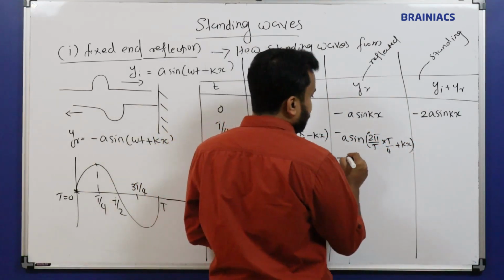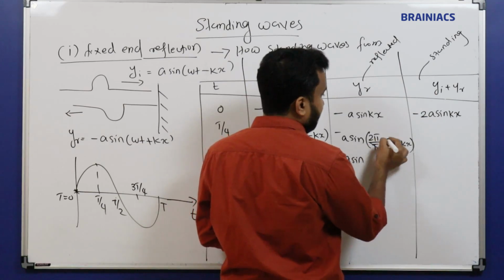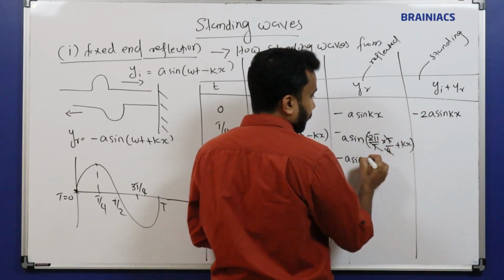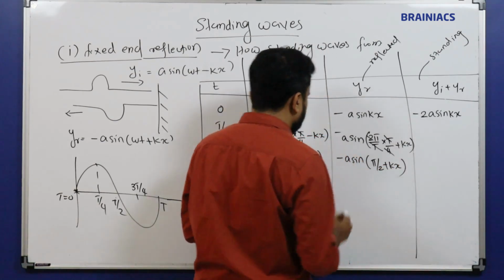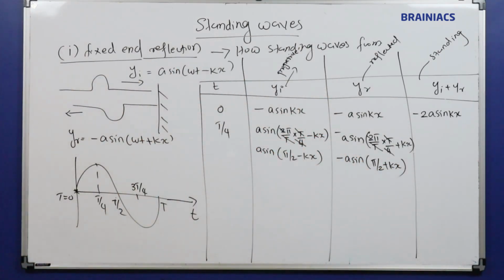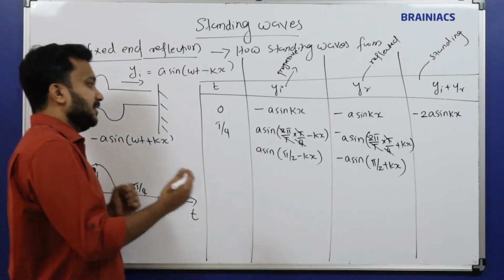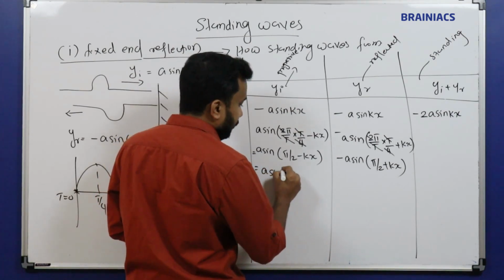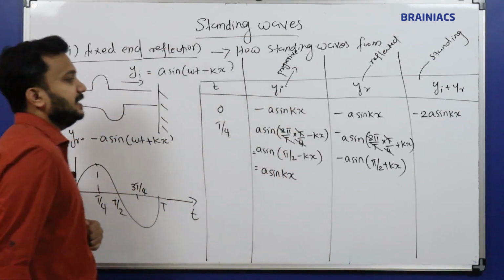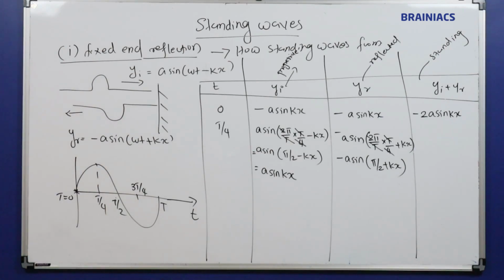Minus a sine of, capital T cancels, 2 and 4 cancel. We get pi/2 plus kx. We need to solve this. Sine of pi/2 minus theta means the same value will come, right? So this is equal to a sine of kx.